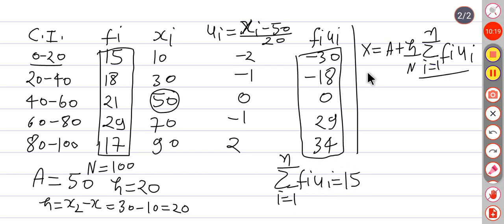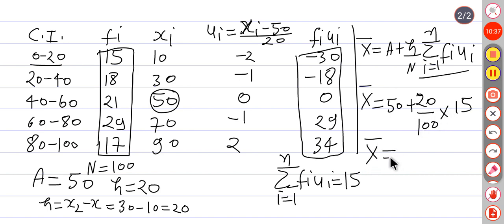Plug all these values here. So x bar is 50 plus h is 20, n is 100, and this one you have got 15. If you calculate, the mean would be 53.